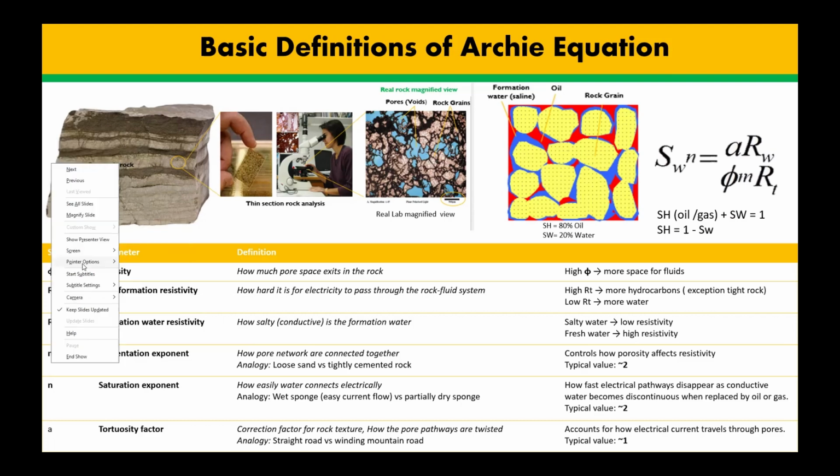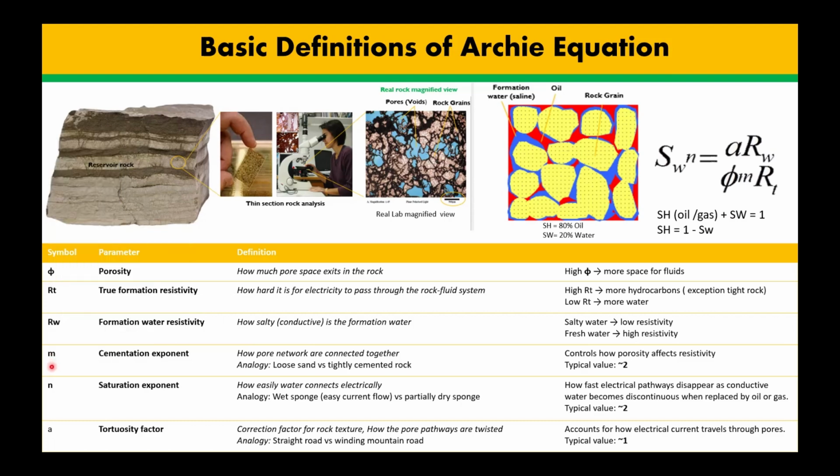m and n are parameters that sometimes are assumed if we don't have them, or derived from core. The cementation exponent m represents how the pore networks are connected together, and n represents how easily the water conducts the electricity. So it is all about electrical behaviors between the rock and the fluids.